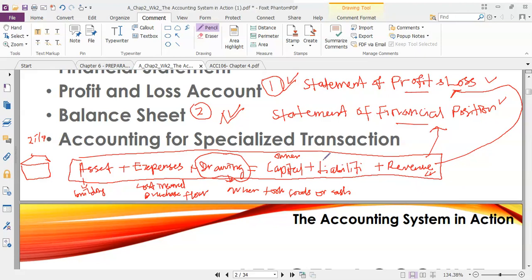Okay, so next. The liability, element liability. Liability is, what is it, liability? Siapa tahu liability apa? Who wants to try?